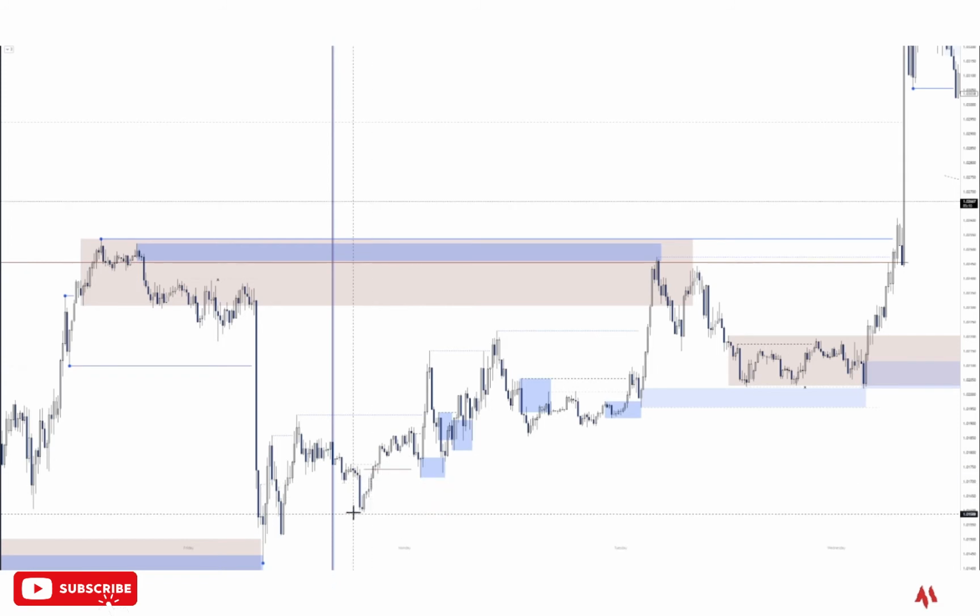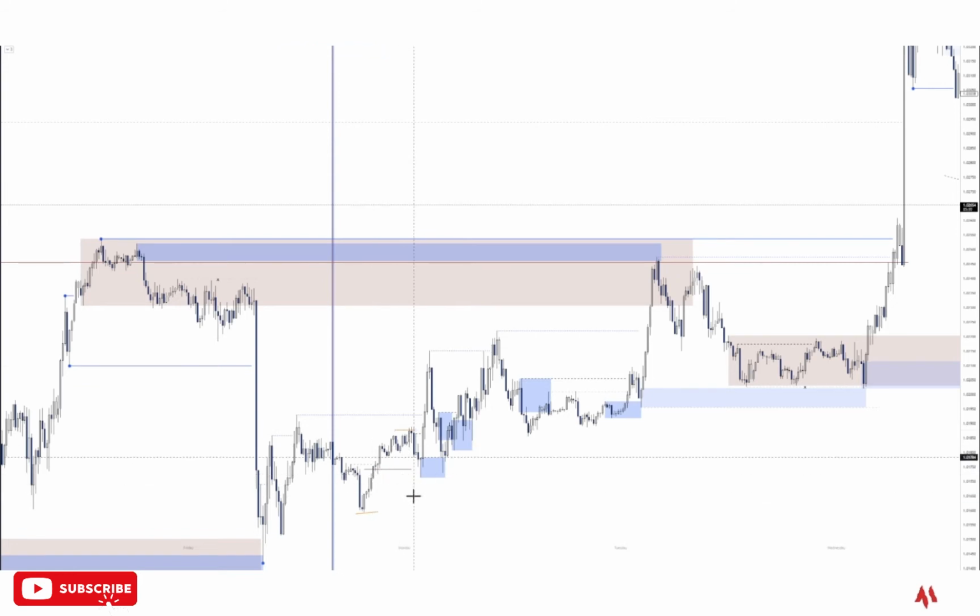So we marked out our premium and discounts. We were waiting for price to come to the discount pricing to look for longs, which price came into discount pricing. We will check our lower time frame entries here later.